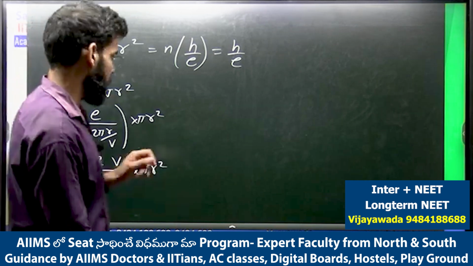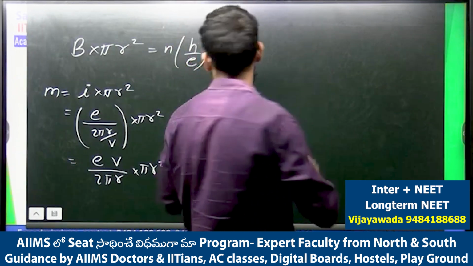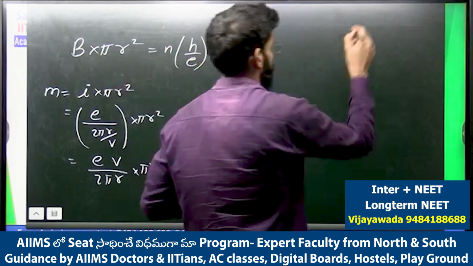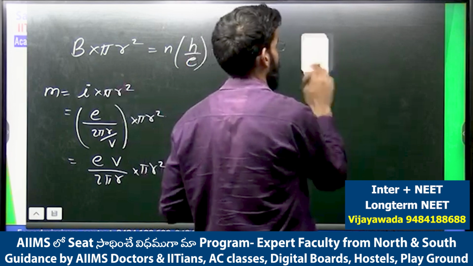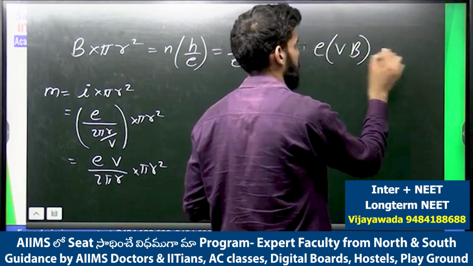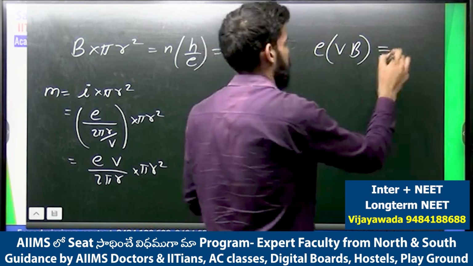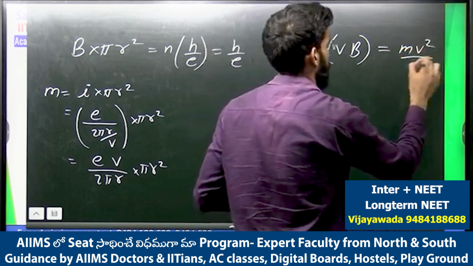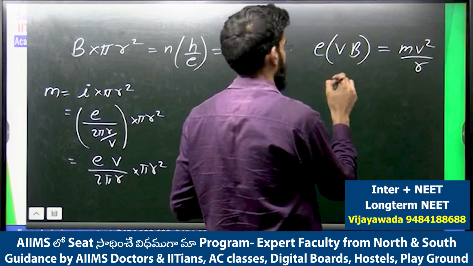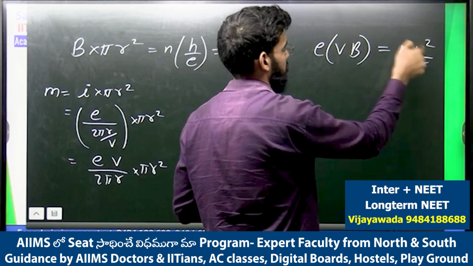One more thing here, we don't know, right? We know he is moving in a circular path, so with the help of magnetic force. What is the magnetic force? Q, that is e, into v B. This is v cross B, but both are perpendicular already. So vB is equal to m v square by r. From here, if I want to get v by r, m you send this side, v got cancelled out.